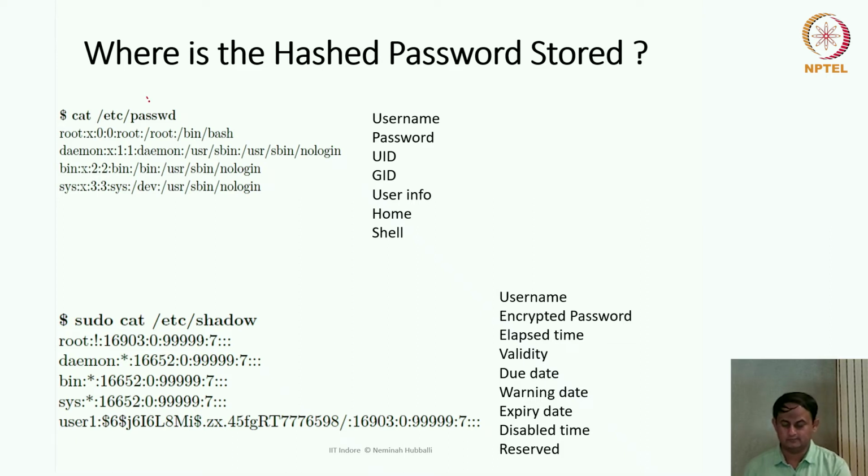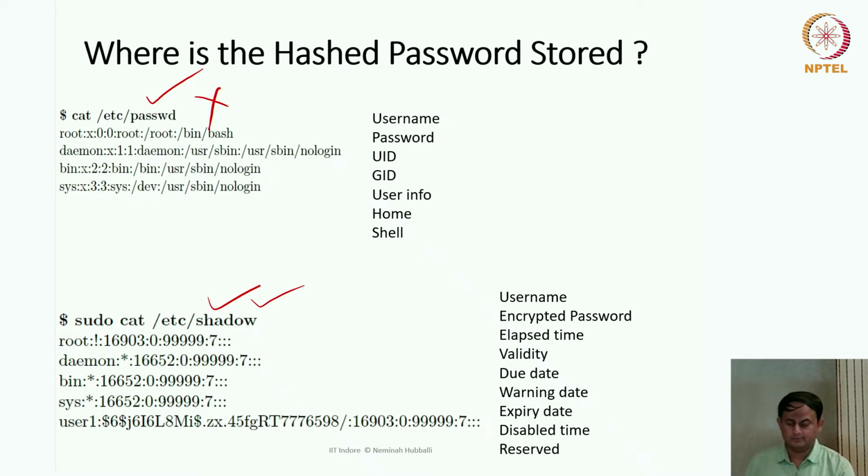One is the password file, which is still there, and there is a concept called the shadow file. The actual passwords are nowadays not stored in the password file but in the shadow file. The usernames are maintained inside the password file, but the actual passwords are in the shadow file. So let's take a look at what exactly is in the password file and what is in the shadow file.